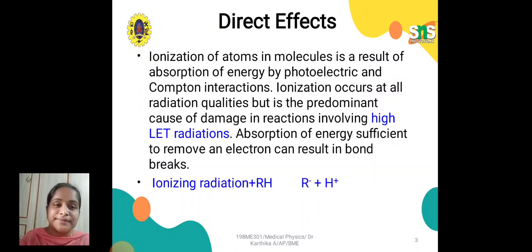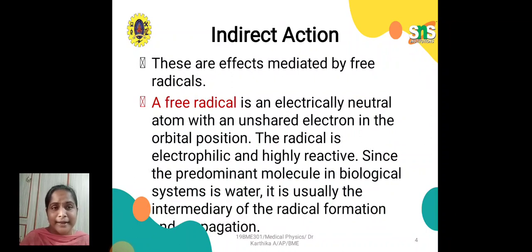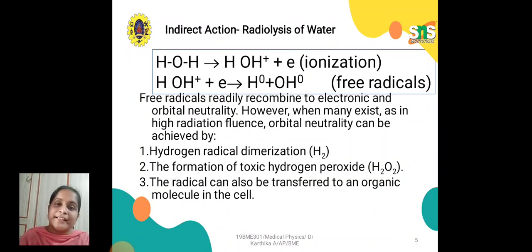Next one, in indirect action, these are effects mediated by free radicals. Here a free radical is an electrically neutral atom with an unshared electron in the orbital position. Here the radical is electrophilic and highly reactive. See the water molecule for reference.